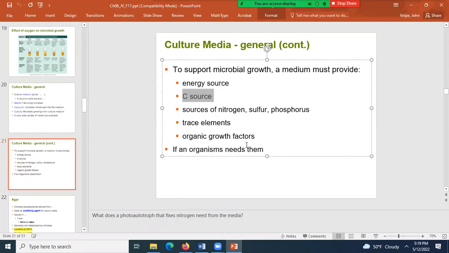But if we were growing your cells in a media in the lab, which we would never do, but if we did, we would have to supply an organic growth factor. Can anyone remember an organic growth factor you have to supply in a media to grow your cells?